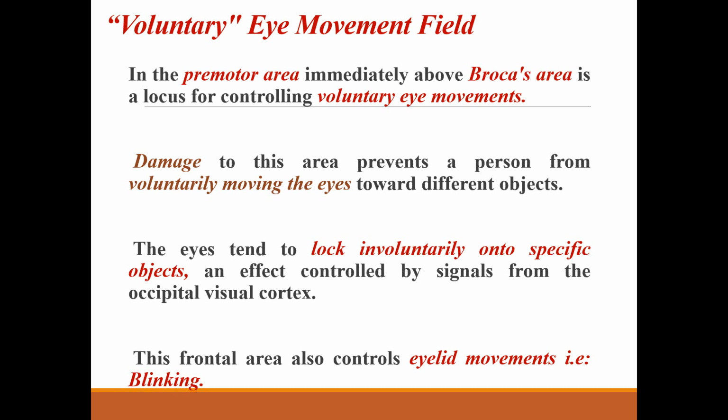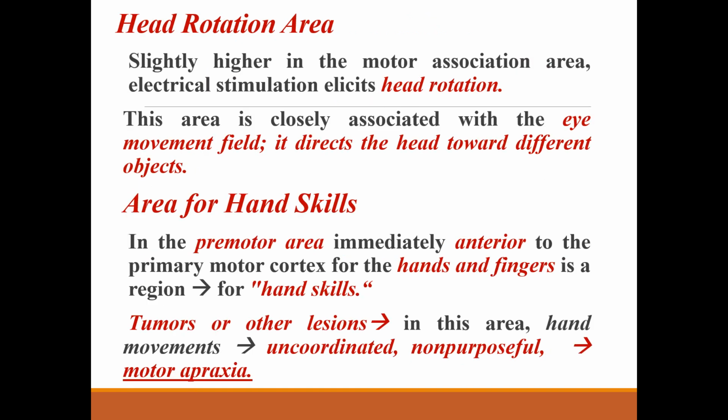This frontal area also controls eyelid movements, which is blinking. Head rotation area. Slightly higher in the motor association area, electrical stimulation elicits head rotation. This area is closely associated with the eye movement field and it directs the head towards different objects.